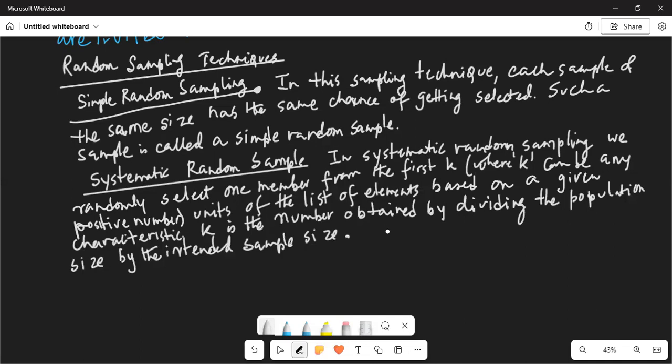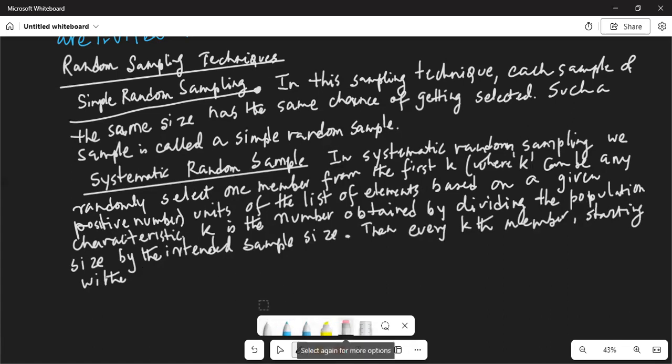Then every kth member, starting with the first selected member, is included in the sample.